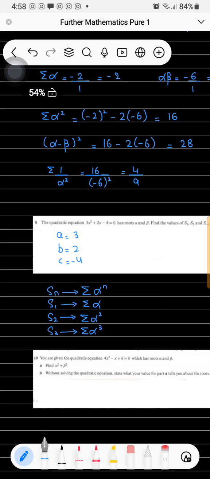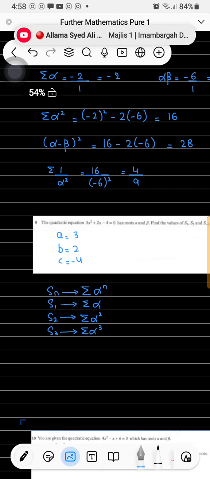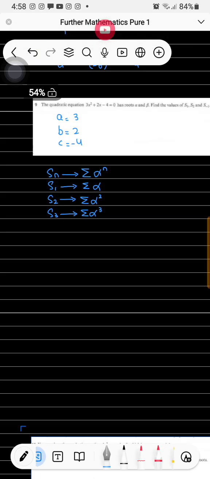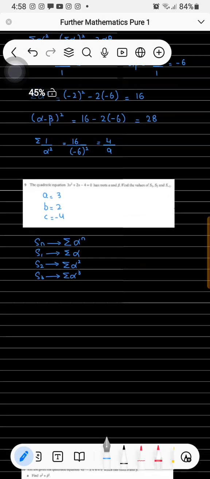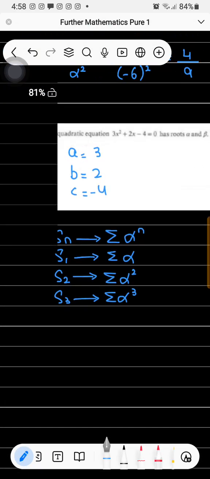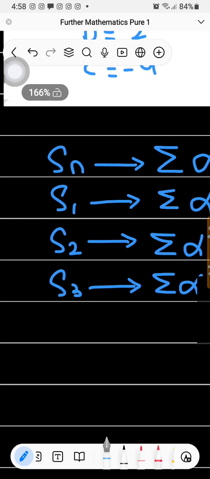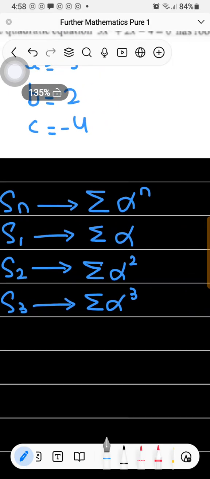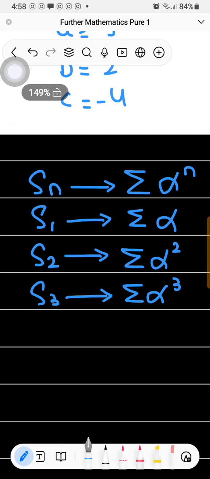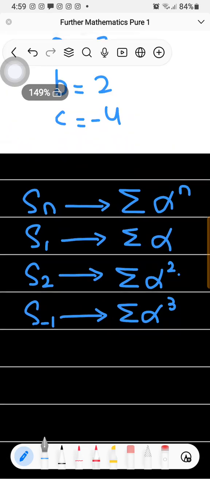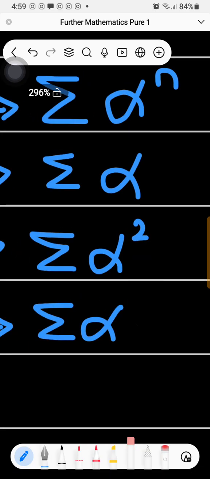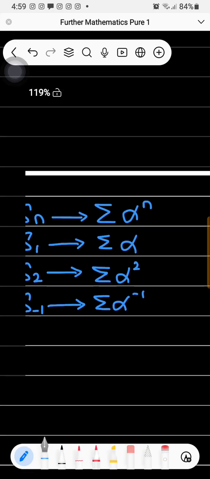Let me move this question down to get space. One more thing, it is asking for S minus 1. So let me write minus 1 here. S minus 1 means sum of alpha to the power minus 1. I hope you are getting this.